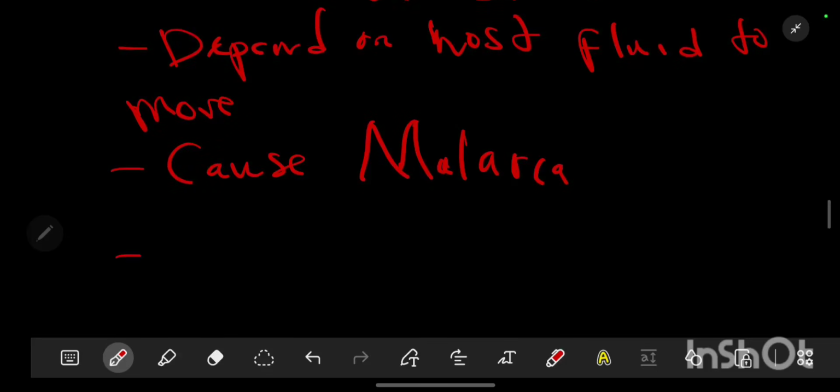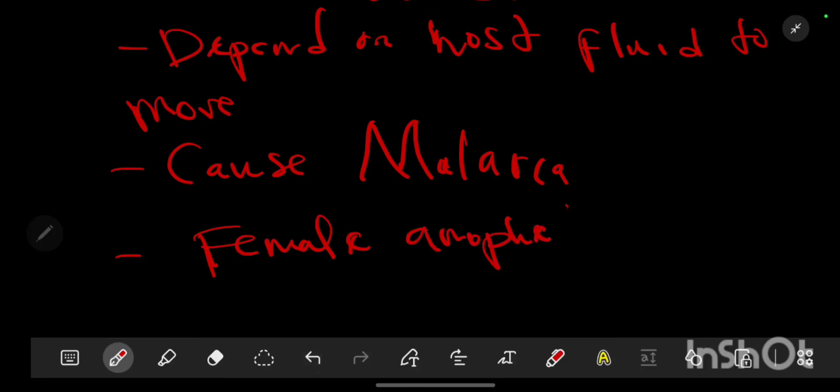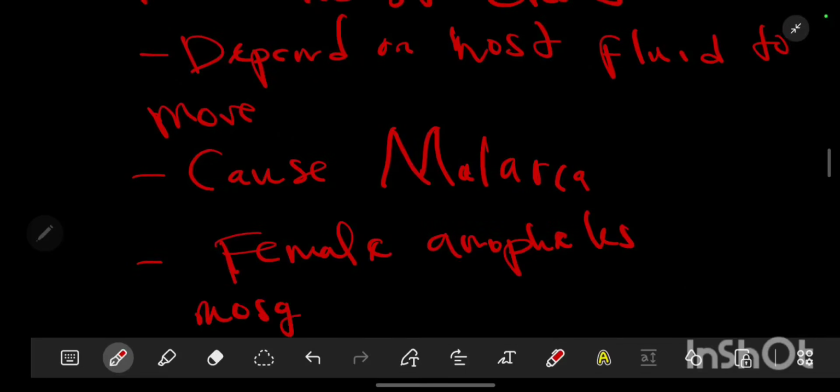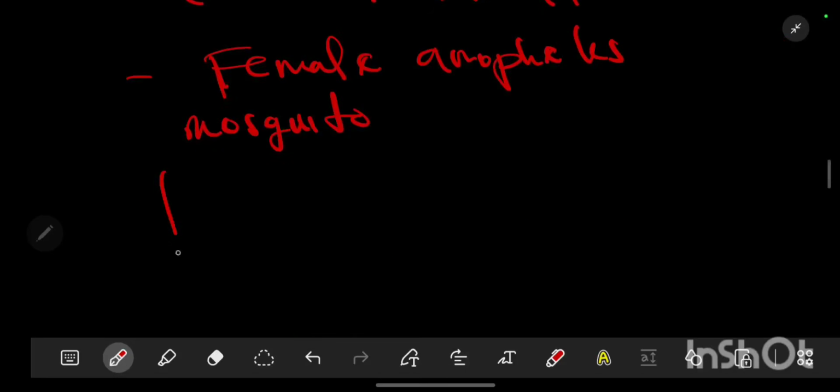So malaria is caused by the female Anopheles mosquito. The Sporozoa that causes it is known as Plasmodium.